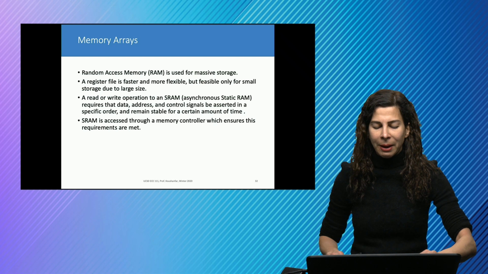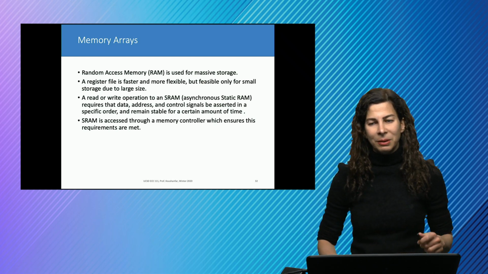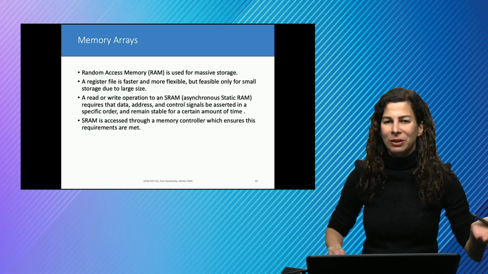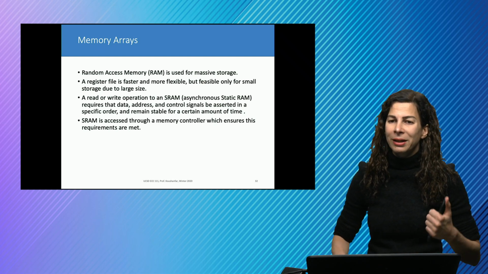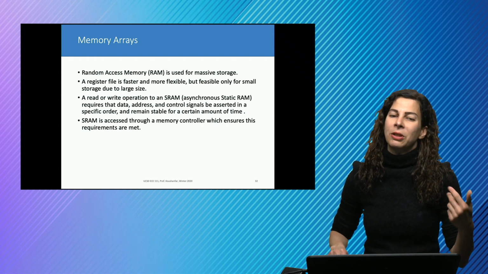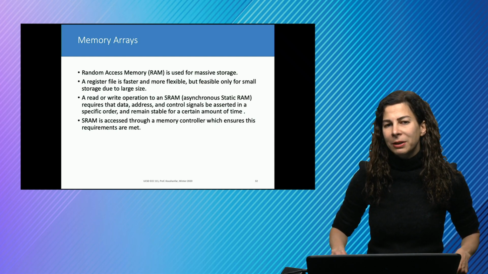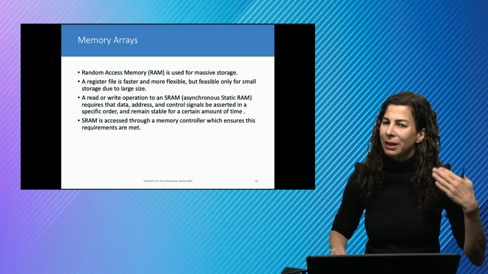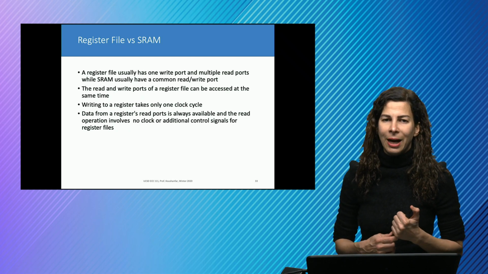The SRAM is much less spacious and power hungry than a flip-flop, but of course it requires a specific set of signals to be asserted. So the controller has to be carefully designed, and these requirements have to be met, because the SRAM data needs to be stabilized before we assert the different signals, and that is also a function of the technology that we have.